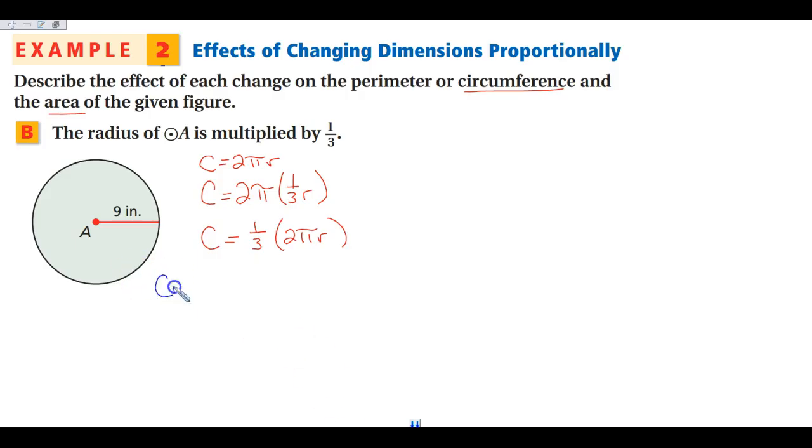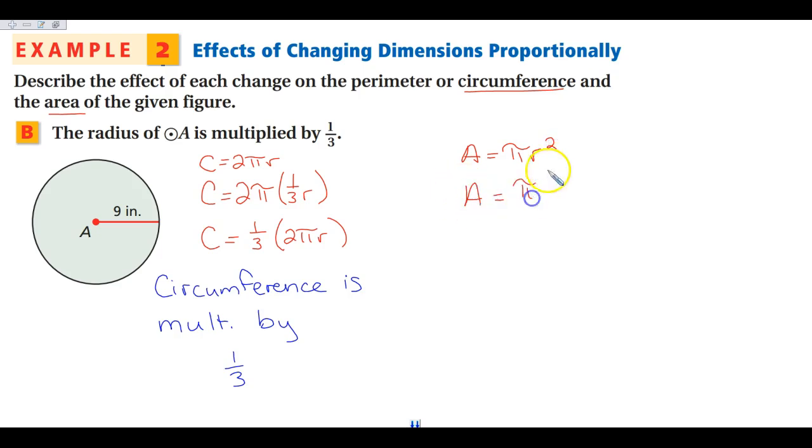So my circumference is multiplied by 1/3. All right, now we're going to look and see what happens with area. So my area is pi r squared. If I have 1/3 of my radius, it's going to be 1/3 r, and that is getting squared.